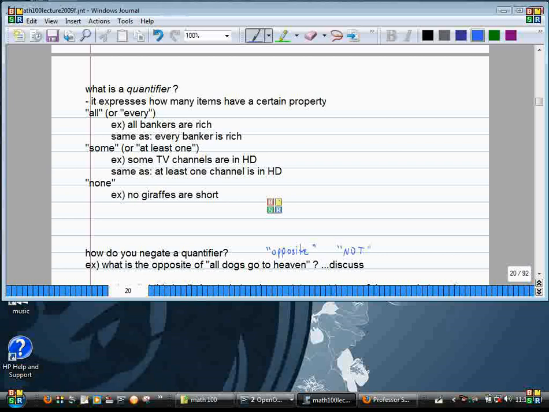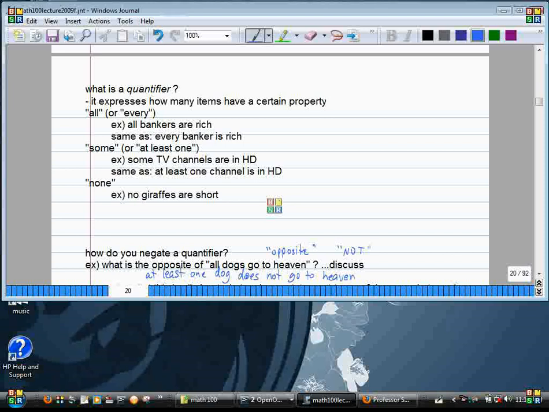So, what we need is at least one dog does not go to heaven. Because that's what we would need to make the original statement false.